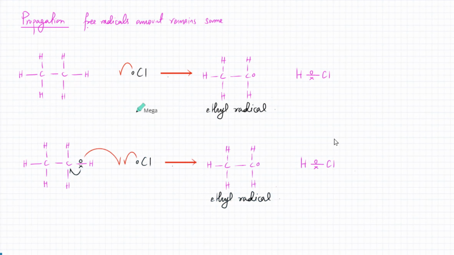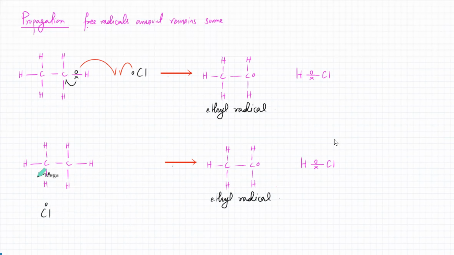Again, I did it on the wrong one. Just 1 second. Okay. So I just wanted to show you that any of the carbon atoms could have been attacked by this Cl. So maybe the Cl radical went and attacked this particular one. So this Cl had an electron, and it could have gone and attacked this hydrogen.